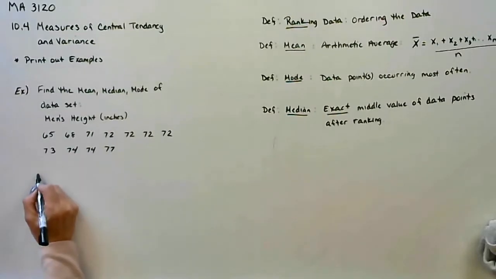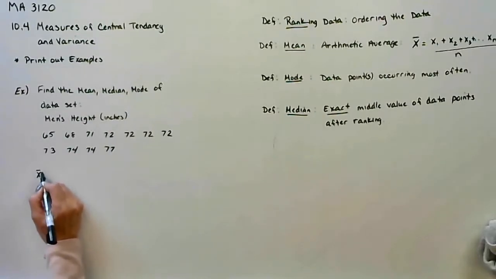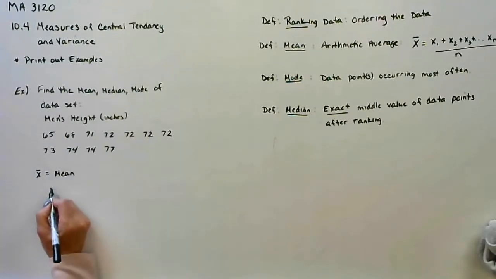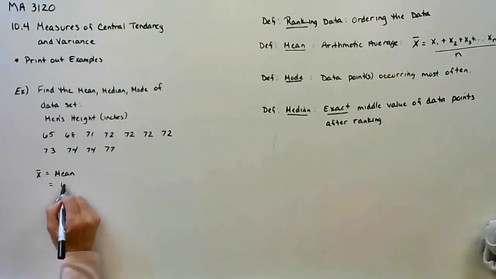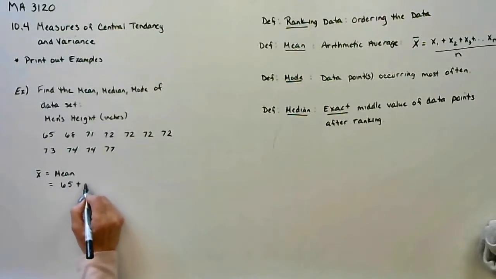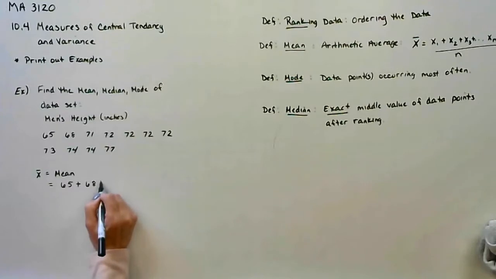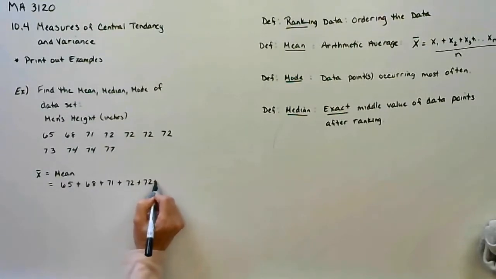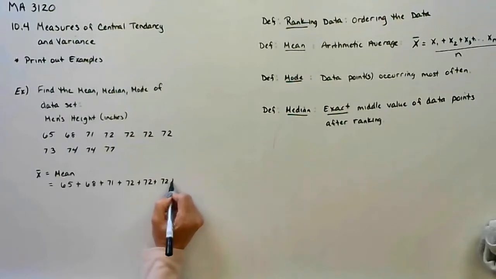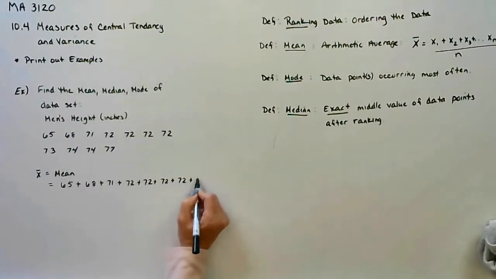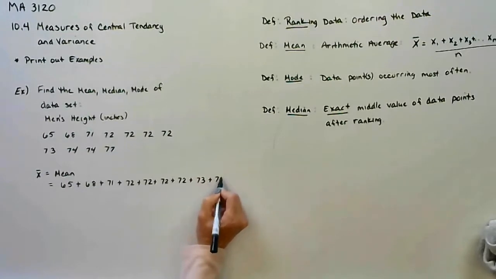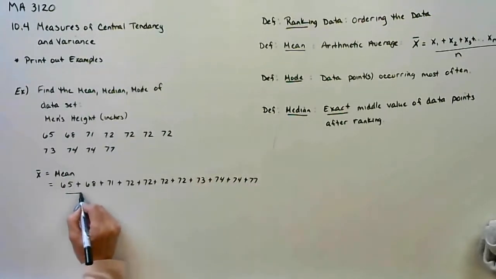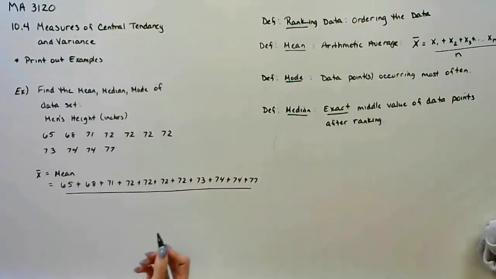If we want to find the mean, we need the sum of all these data points, 65, 68, 71, 72, 72, 72, 72, and then we want to divide by the number of data points that we have.